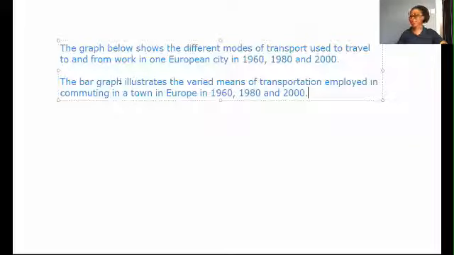And so I'm likely to get a very good mark for my introduction. You need to focus on, 1, the assessment criteria, and these are task achievement, lexical resource, grammatical range and accuracy, as well as coherence and cohesion. Then you need to focus on paraphrasing, getting different words to convey the same information that you have.